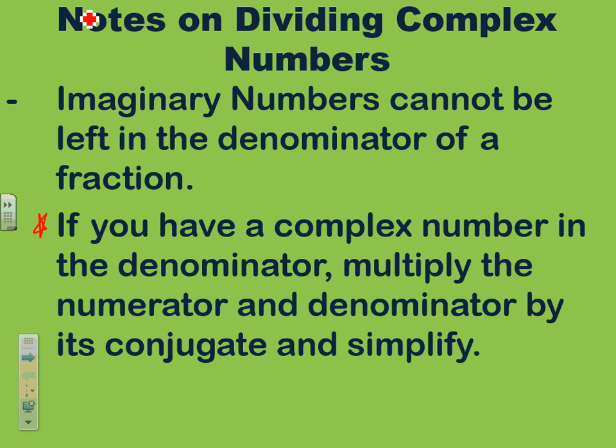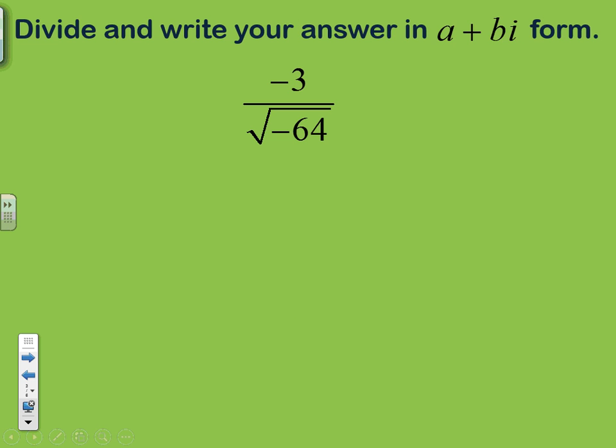We're going to take whatever the imaginary number is, take the conjugate, multiply the conjugate to the numerator and the denominator, and simplify it from there and see what we get. This part is almost repeating what the previous screen said: you can't have an imaginary number in the denominator, and if so, multiply by the conjugate and simplify it.